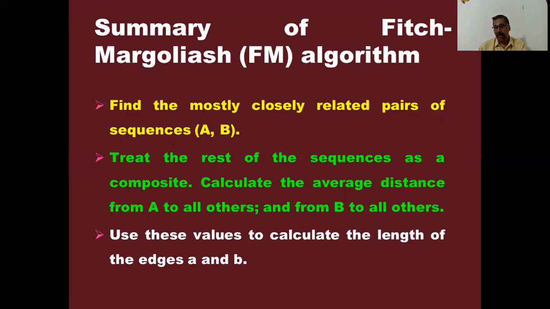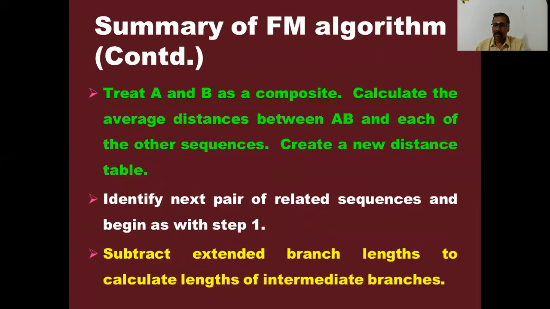You find the distance between AB and C, AB and D, AB and E using algebra. So X, Y, Z. After calculating this, you keep CDE, you amalgamate AB. You find the distance between CDE with A, CDE with B, and then you can complete the phylogenetic tree, which will produce a very fantastic unrooted tree.